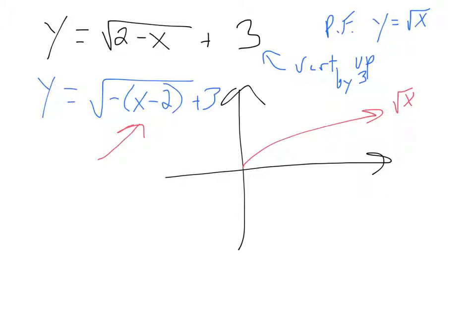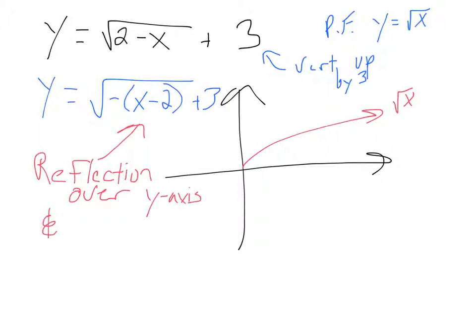What are the two distinct transformations that we have? What's the negative on the outside of the x doing? Reflection over y or x. It's on the inside of the square root. Yes, reflection over the y-axis.